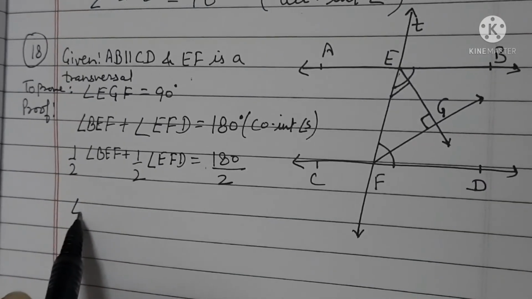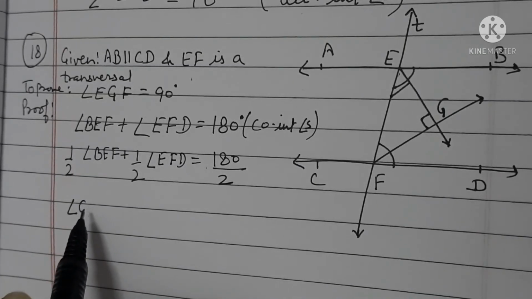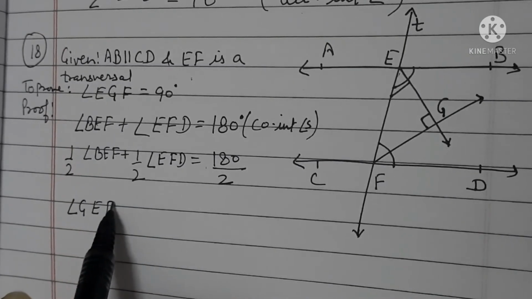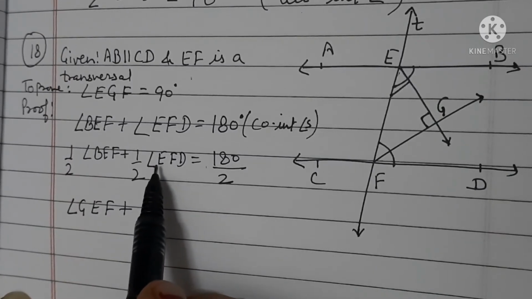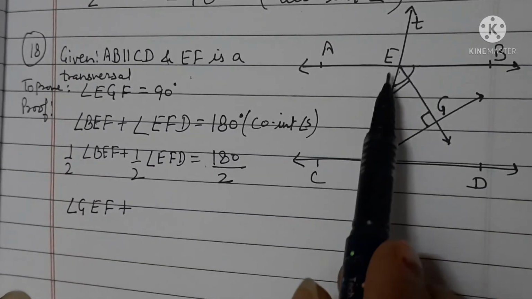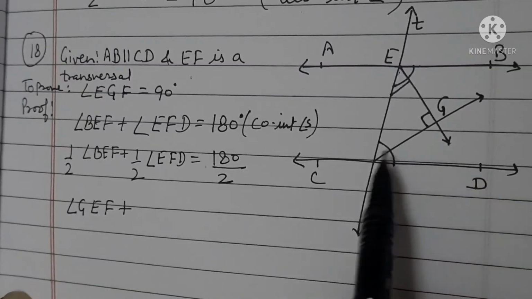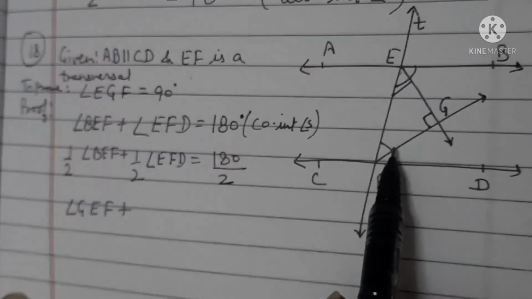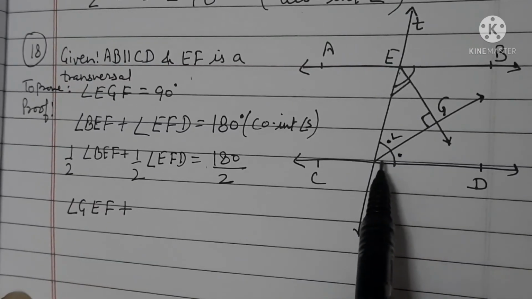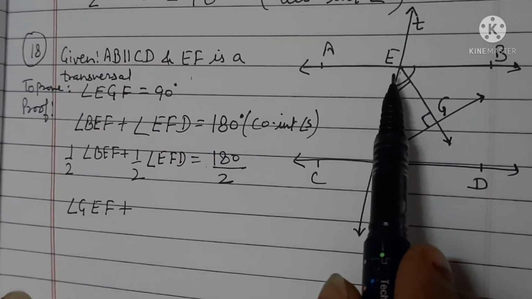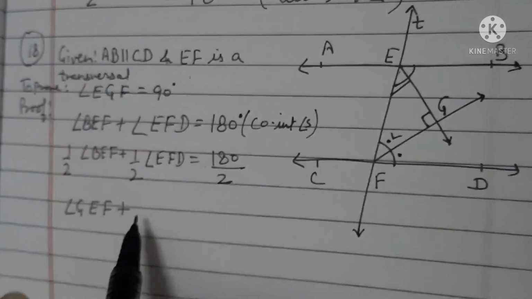So write here angle GEF plus, similarly for this part, half of angle EFD, and half part means these two are equal parts, taking one part, we are taking this part. So write here angle EFG.